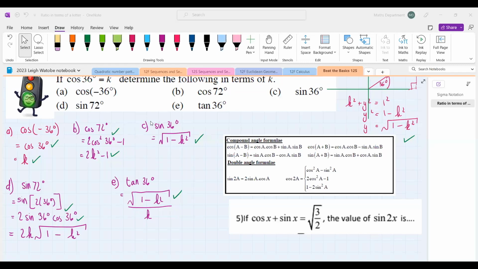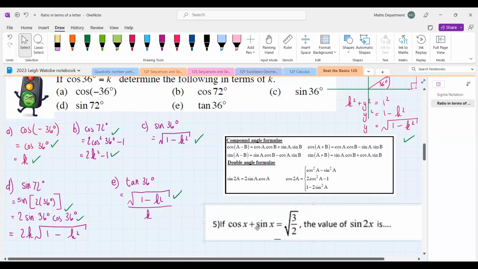Pinga's got question number 5. Anybody else know how we would do question 5? Pinga's nailed it. Means we need to move on to something more difficult for you, Pinga.